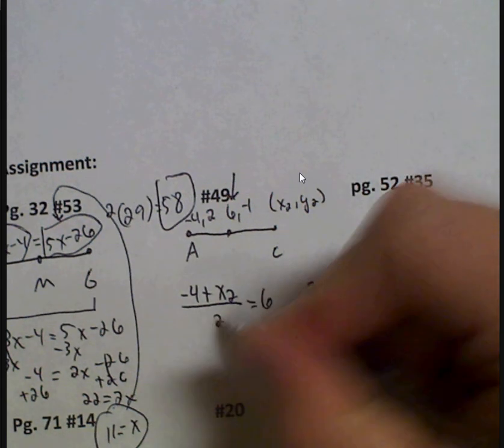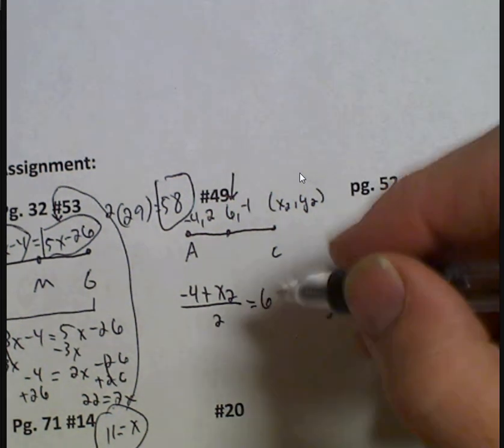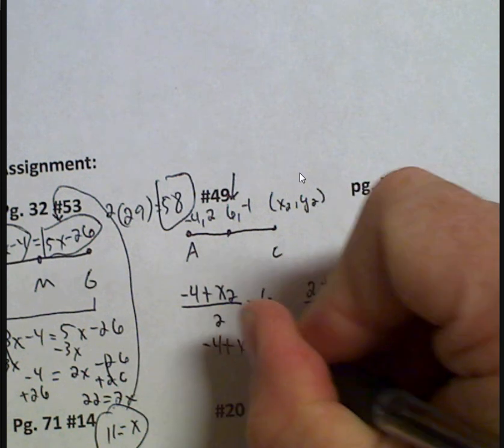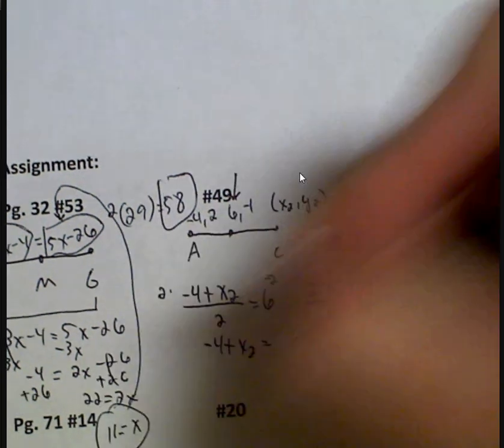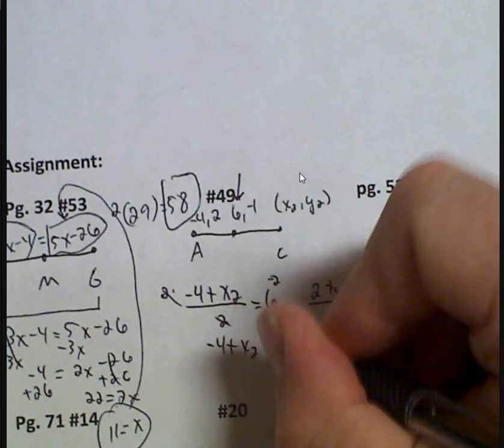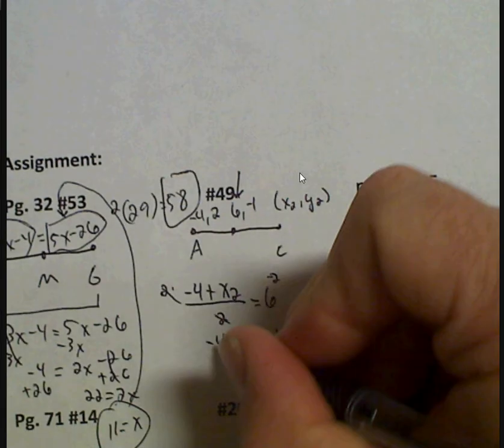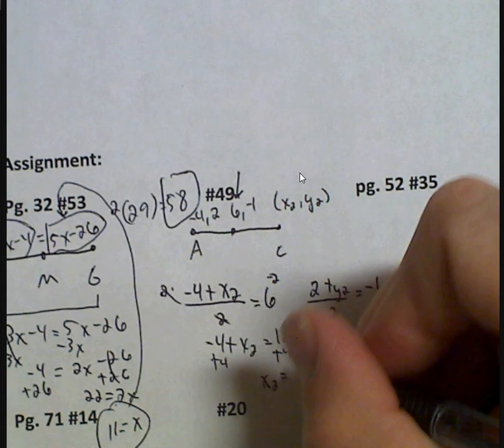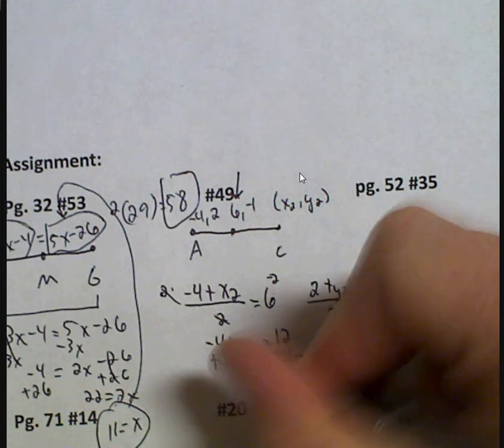So times 2 on both sides. Negative 4 plus x2 equals, multiply both sides by 2, that gives me 12. Add 4 to both sides. So my second endpoint is 16 for the x value.